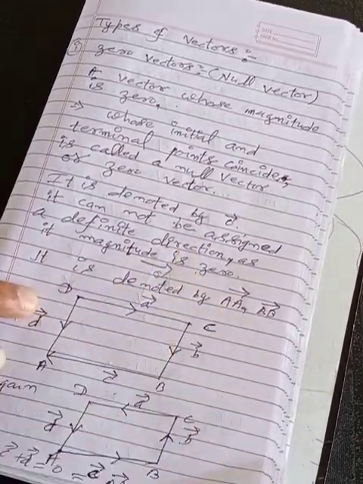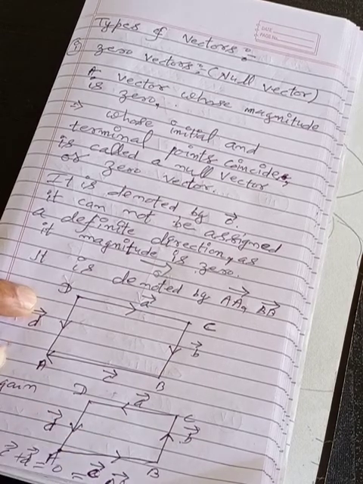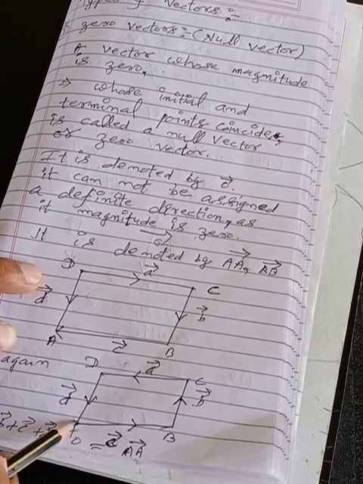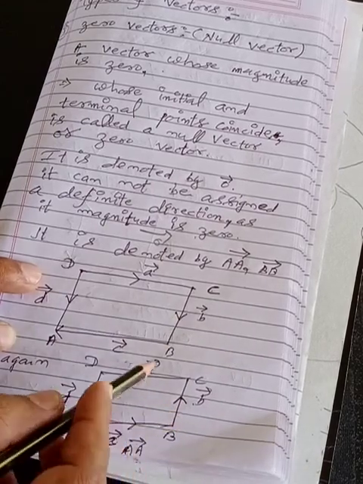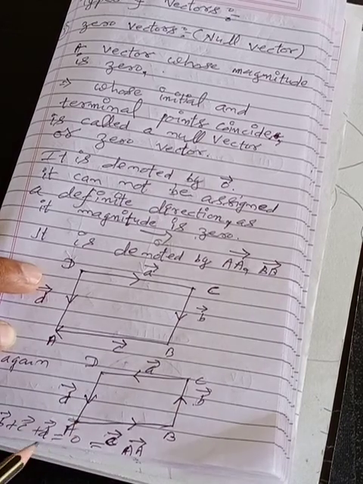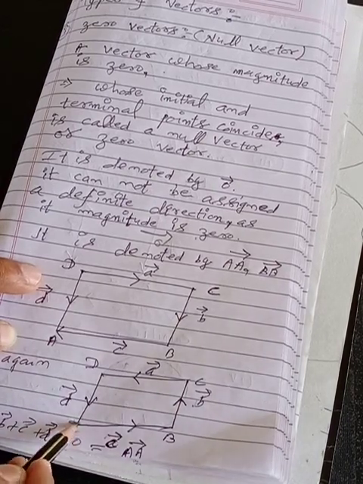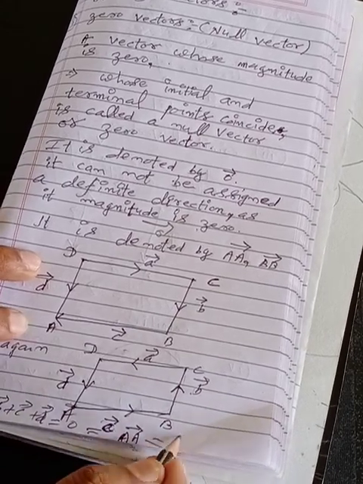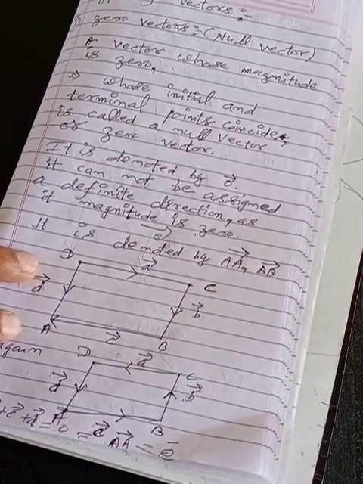In this diagram, the vectors AB, BC, CD, DA start from A and come back to A again, so we can represent it as zero vector. So this is the zero vector.